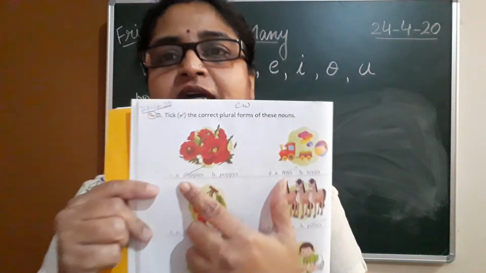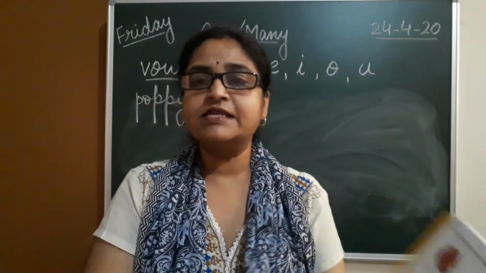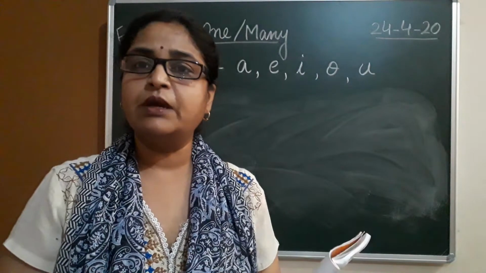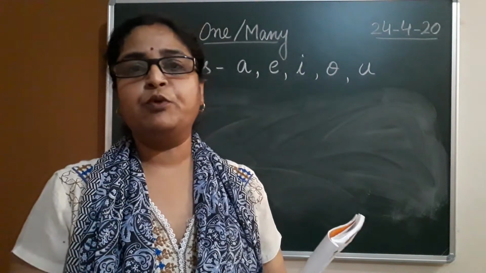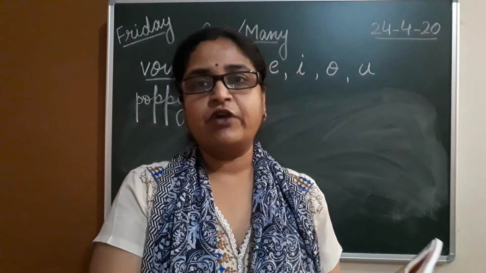Okay, you will take the first option like this. I have already posted you the PDF. I will again post you the PDF of this page, so you can do it from there also.